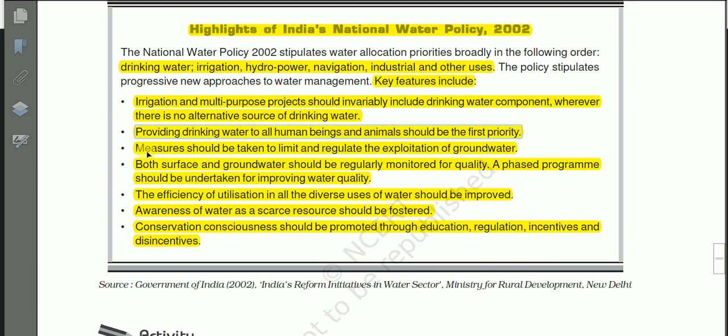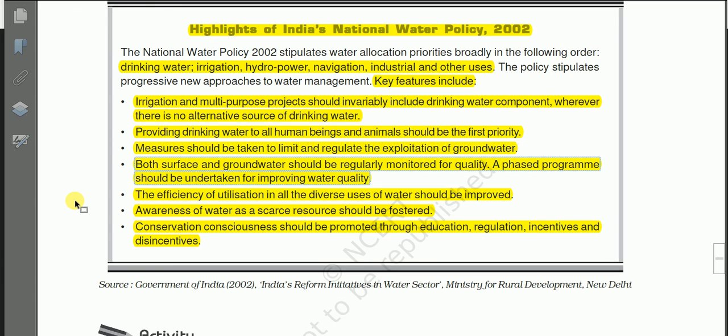Then measures should be taken to limit and regulate the exploitation of groundwater. There should be a legal provision to check and regulate the exploitation of groundwater, that is overutilization of groundwater. Then the fourth point, both surface and groundwater should be regularly monitored for quality.